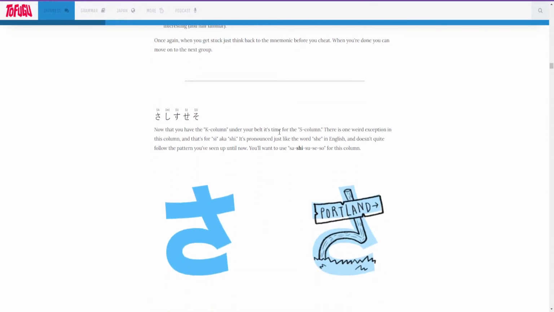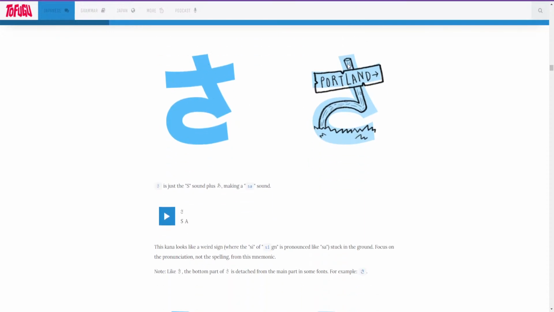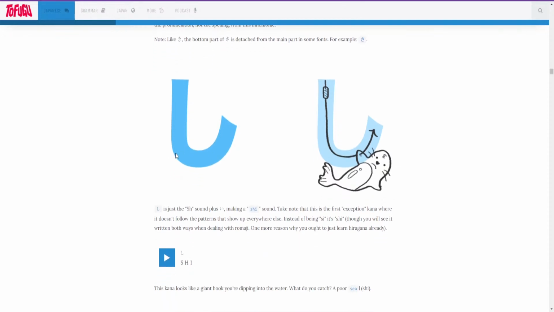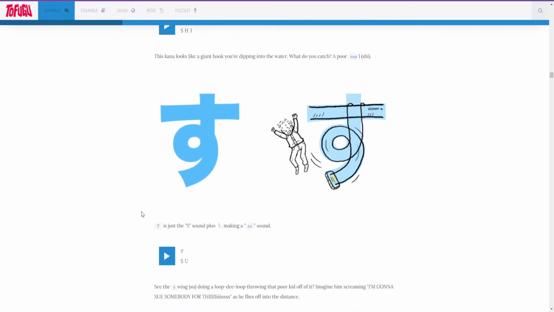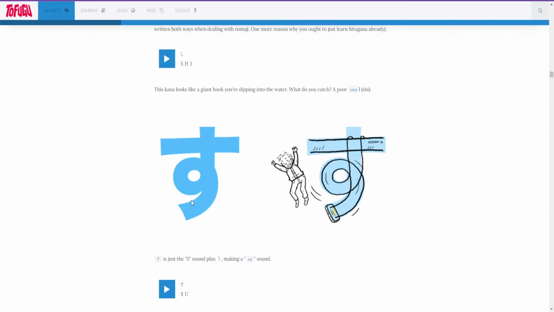And then the last ones of the new ones we learned, the sa column has an exception where instead of si, like in ki, it's pronounced shi. So we have sa, which looks like a sideways bent sign. And this is the exception here. It's shi, like in sushi. It looks like a little hook. The next one is su, which is the first part of sushi. So su, shi. That's the kana for that word.